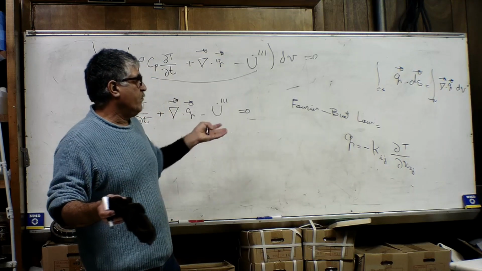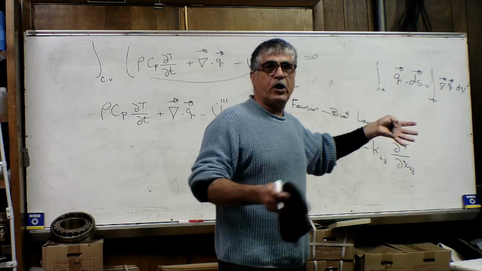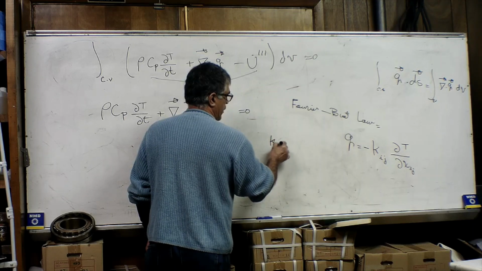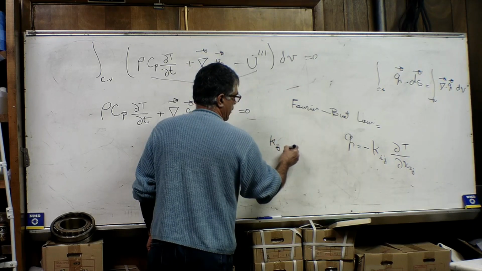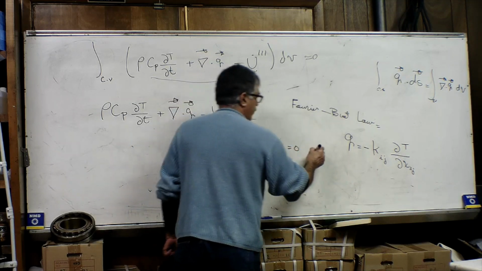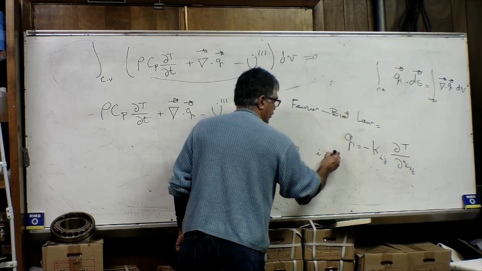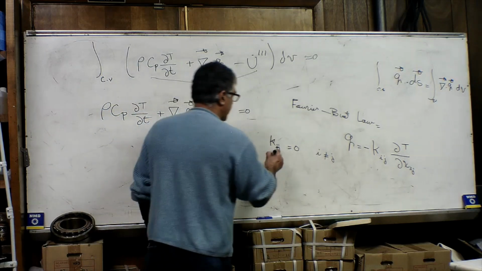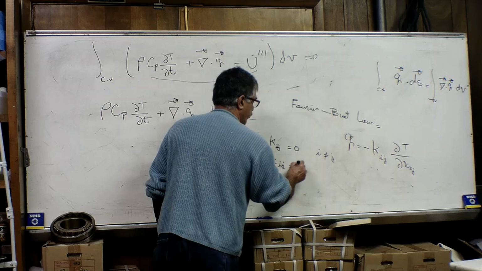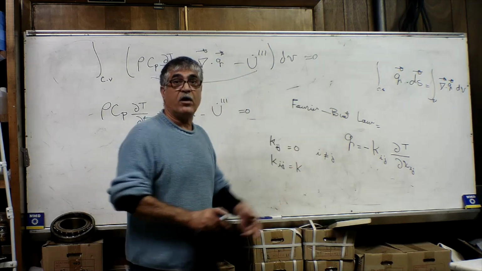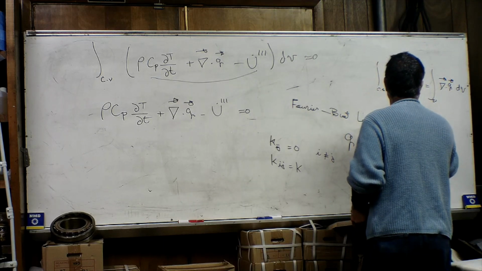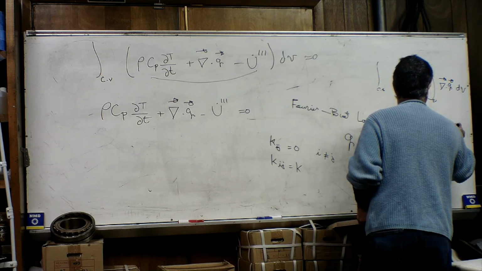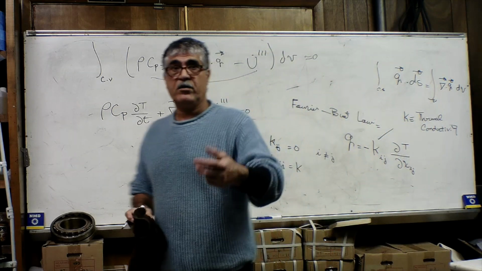One of our assumptions was also restricting ourselves to isotropic material, so Kij will be equal to 0 when i is different than j, and Kij will be equal to K, where K is the thermal conductivity. Each metal has a different thermal conductivity.